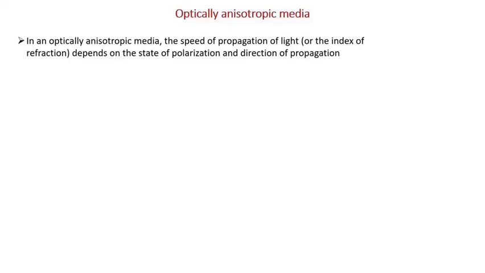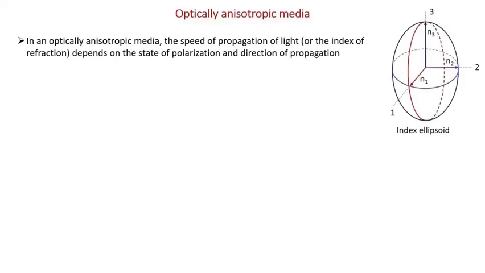Now, in the most general case of optical anisotropy, one can construct an index ellipsoid at each point in the material as shown here. N1, N2, N3 are the three principal refractive indices, and these axes 1, 2, 3 are orthogonal to each other.